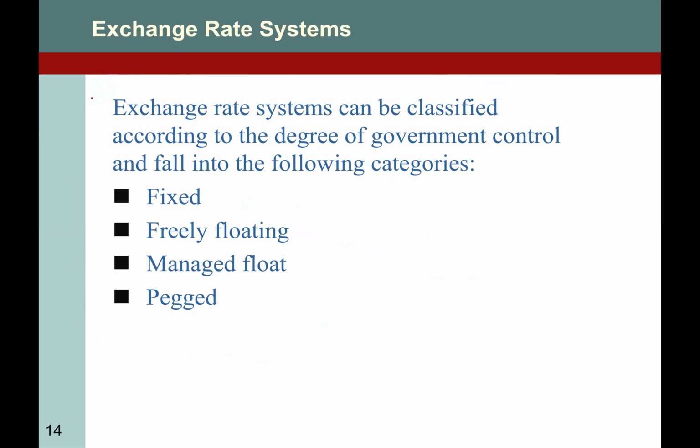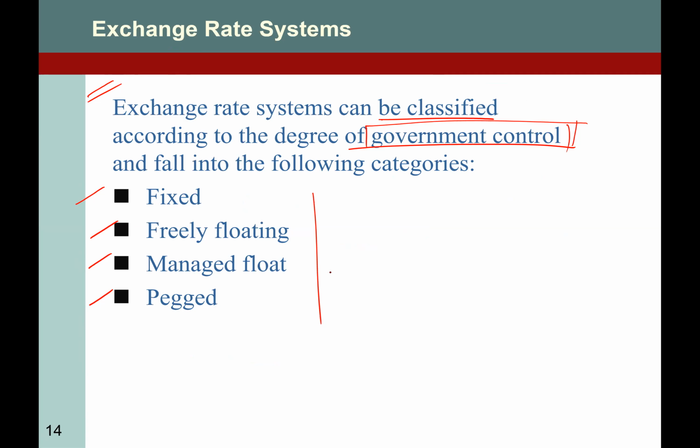Okay, number one is, what are different kinds of exchange rate systems? So exchange rate systems are classified according to the degree of government control. They fall in 4 categories: fixed, free floating, managed, and pegged.